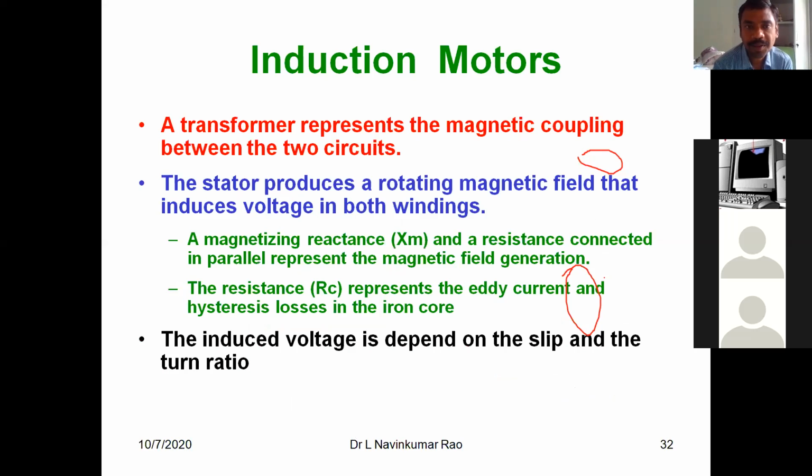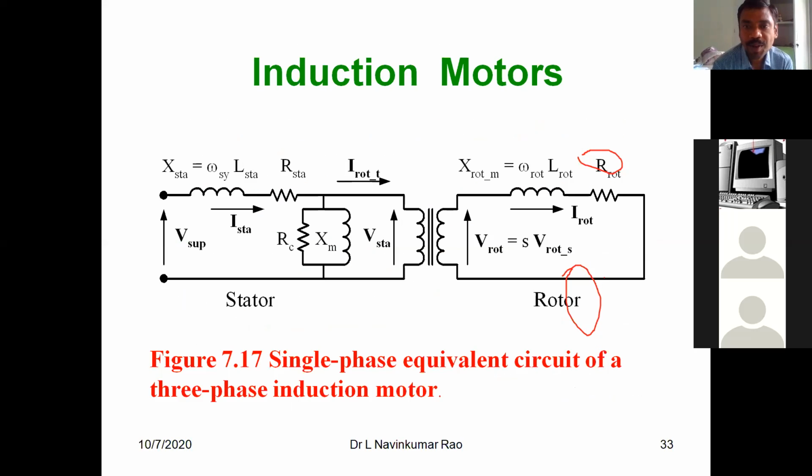Okay, the equivalent circuit I will tell you once. What will be the equivalent circuit of a three-phase induction motor? The equivalent circuit of a three-phase induction motor is exactly the same as a transformer. Stator is the primary winding, rotor is the secondary winding. I taught you in second year, in Machines One, the equivalent circuit of a transformer.